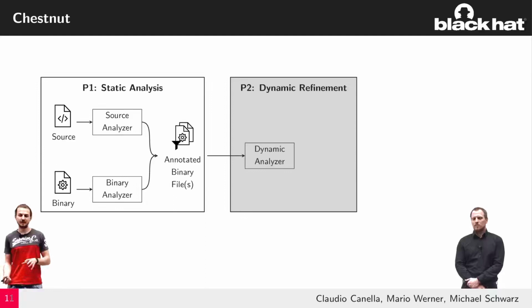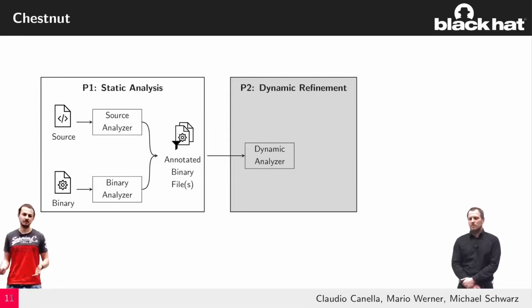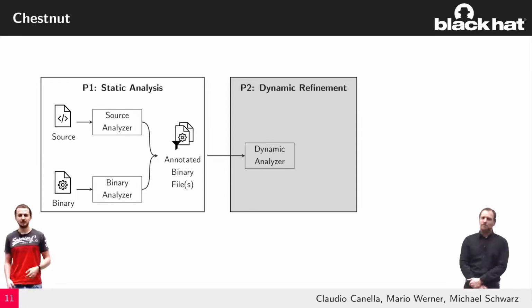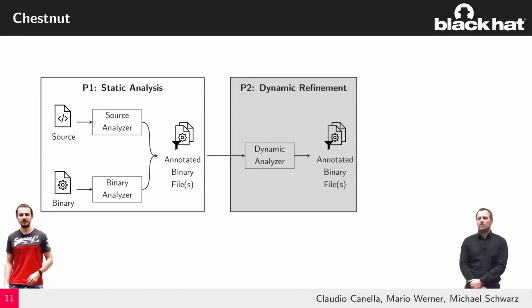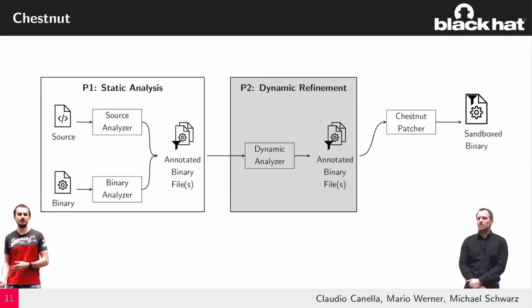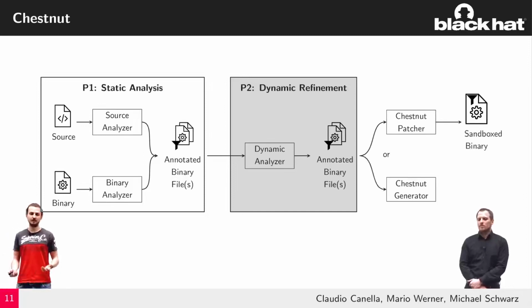And with this dynamic analyzer, we can simply do some runtime tracing of system calls, and we can refine the system calls that we find. And we get, again, these annotated binary files that we can then use another tool called either Chestnut Patcher to generate a sandboxed binary or Chestnut Generator that generates a wrapped binary.